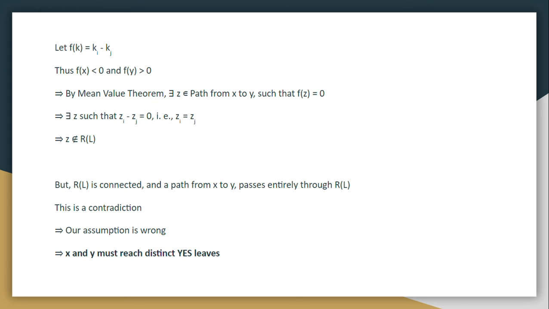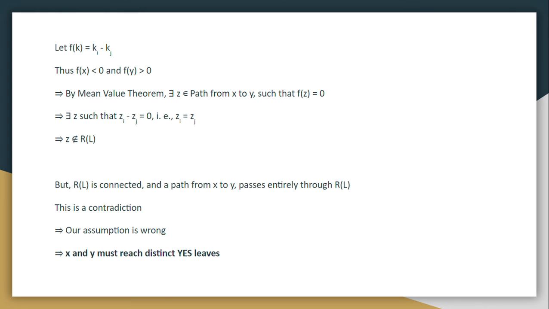Now, this means that by the mean value theorem, there exists an input z on a path from x to y such that the function value at z is 0. Of course, that's what the mean value theorem says.